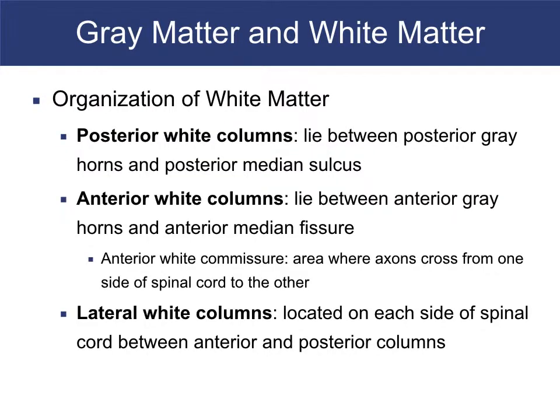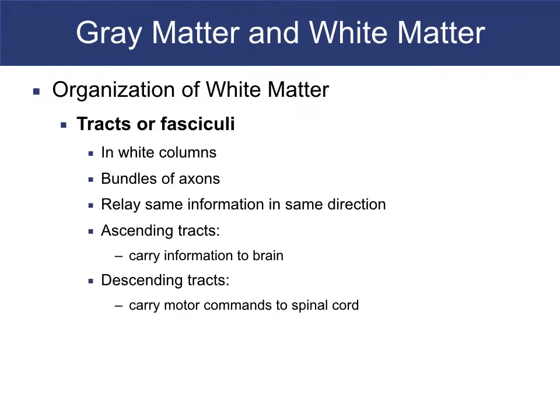Posterior white columns, if they're posterior, what are they going to be? Sensory or motor? They're going to be sensory, right? So these posterior white columns are carrying messages up to the brain because they're sensory. Along the lateral side, they're kind of mixed. And the ones on the anterior side are carrying things down in order to supply muscles. I'll just leave it at that.